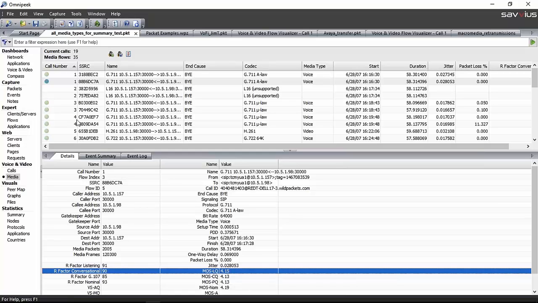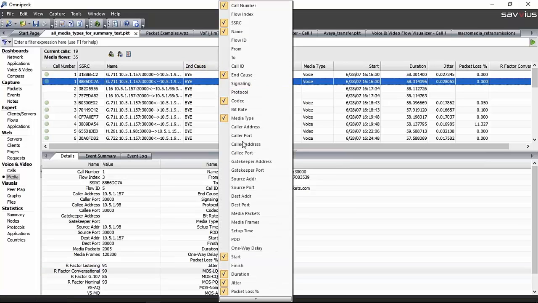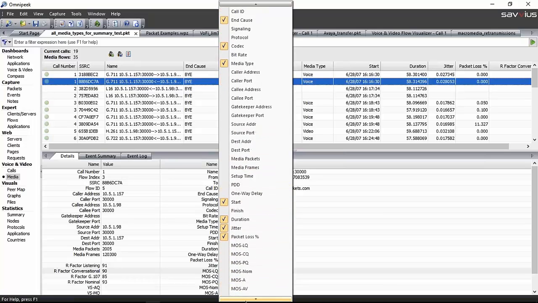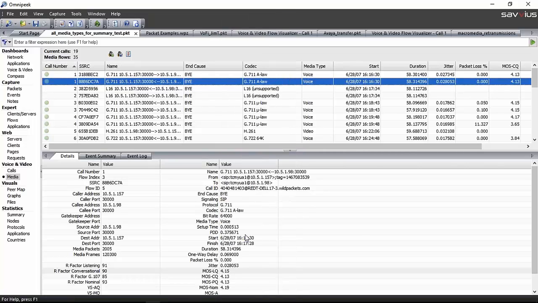If I'm trying to troubleshoot, I can go from a different perspective rather than looking at it by call number. I can come in and turn on mean opinion score. There we go. Mean opinion score, the conversational quality.